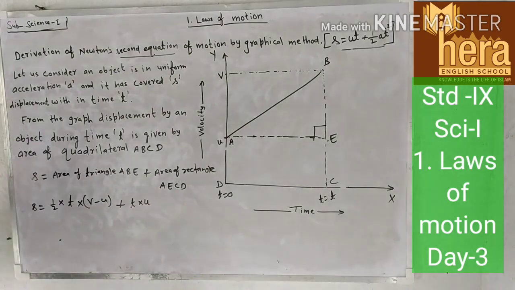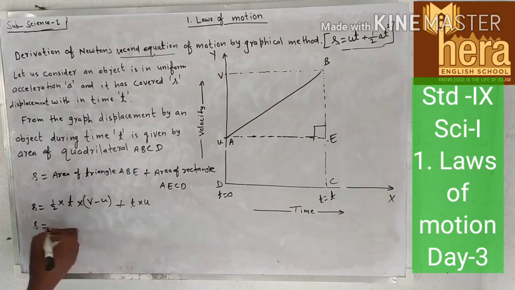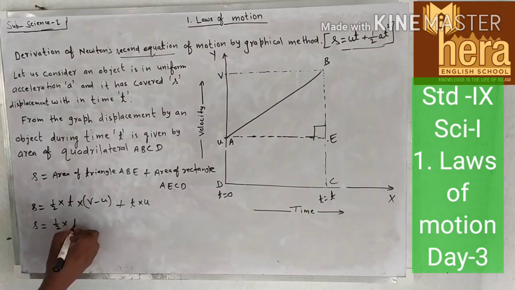So S is equal to one upon 2 into t into (v minus u), plus t into u.